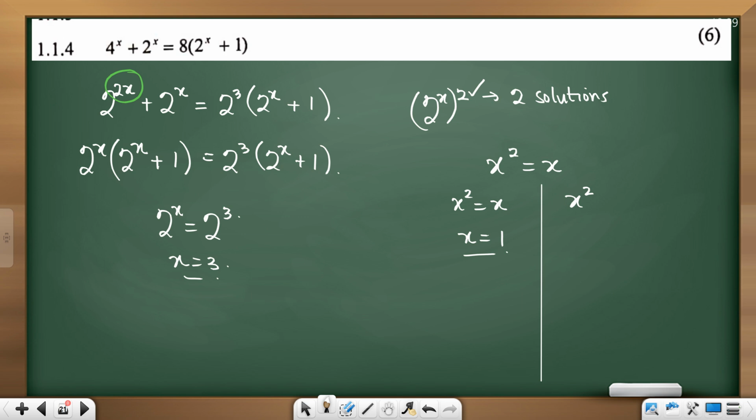Check. What if a learner then does this? Do you notice I have 2 solutions here? I don't know if you understand what I'm trying to bring to your attention.